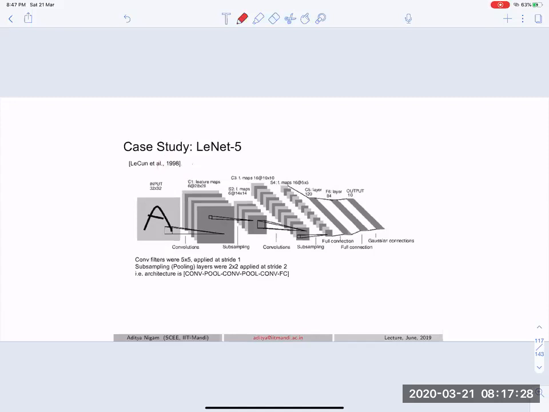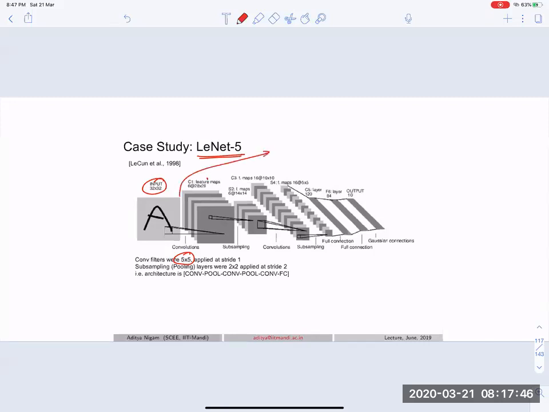So this is the 1998 LeNet architecture, in which the input was 32x32, and then they applied a 5x5 convolution. How many such filters? Six filters.